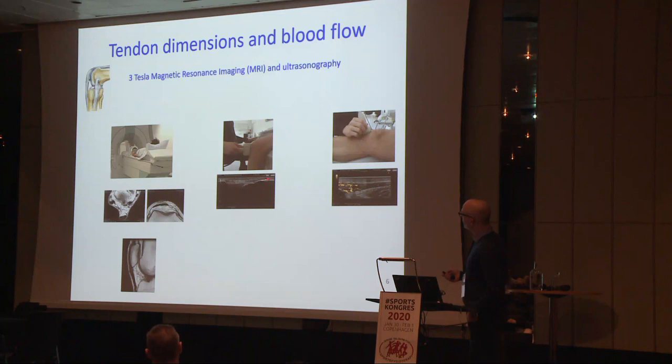So we looked into the tendon dimensions and also looked into the blood flow, and there we used MRI to investigate the tendon cross-sectional area. Here's the Achilles tendon, and also the patellar tendon. There we also measured the width and the thickness of the tendon.